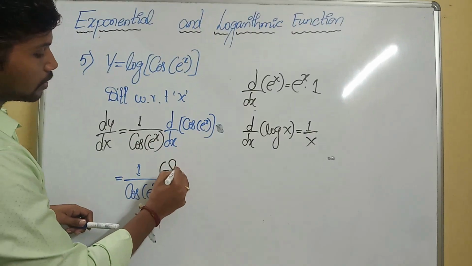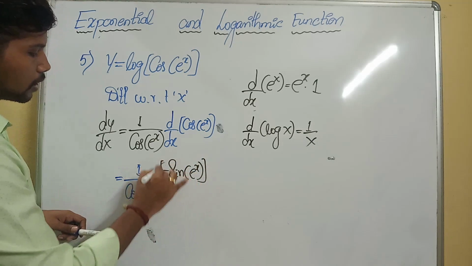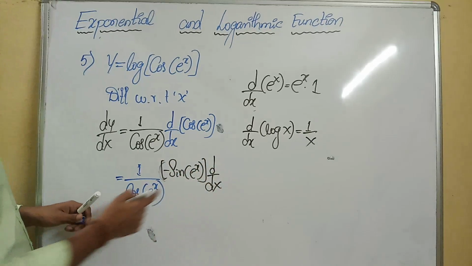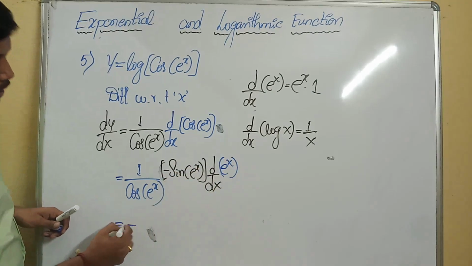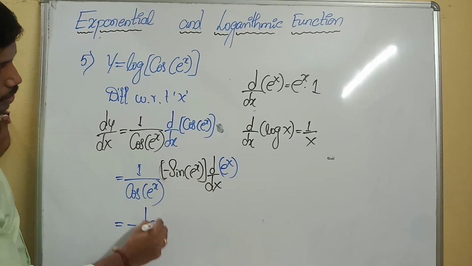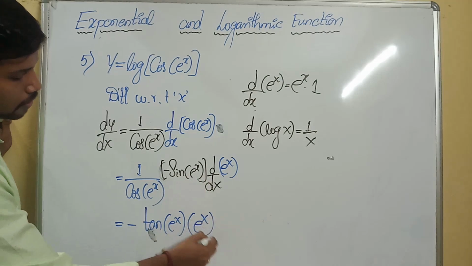It is minus sine of e raised to x. Is it clear? Now after this, d by dx of e raised to x will be e raised to x, I have to write. Now let the minus be as it is. Here the angles are the same. Sin by cos is, yes, tan of e raised to x. What is the e raised to x derivative? e raised to x. We got this as the regular answer.